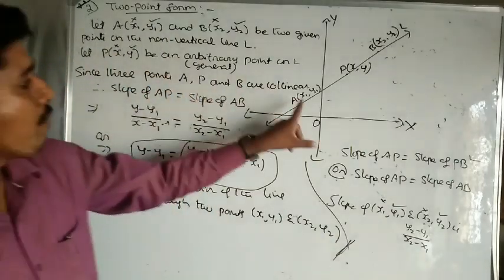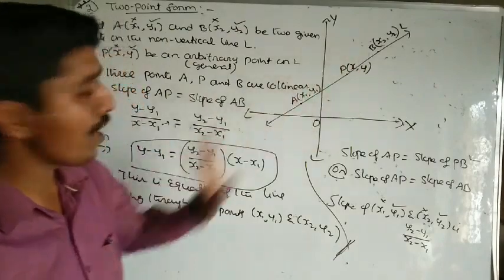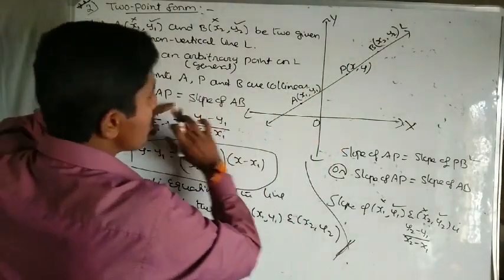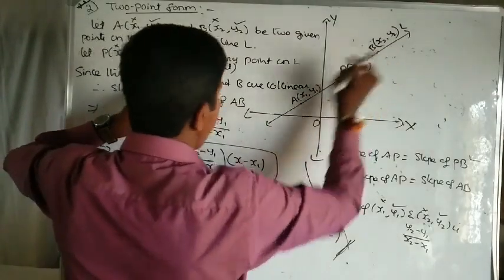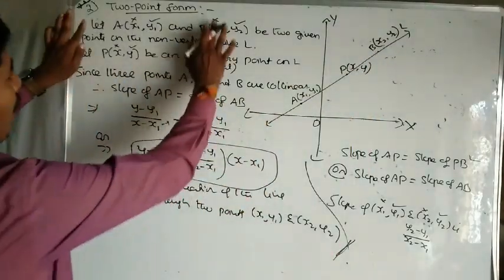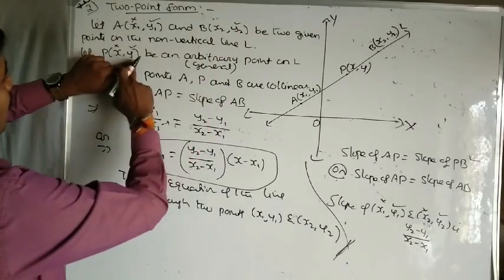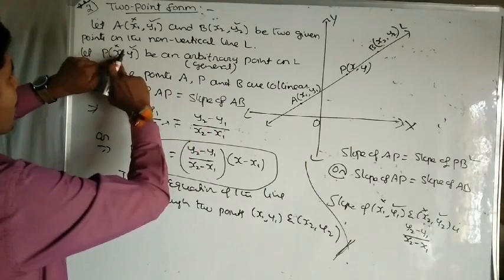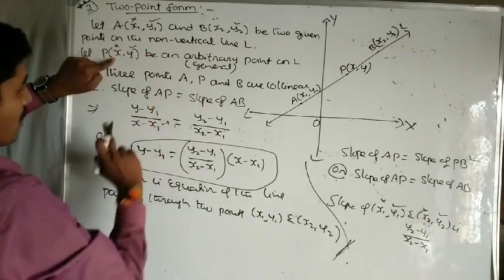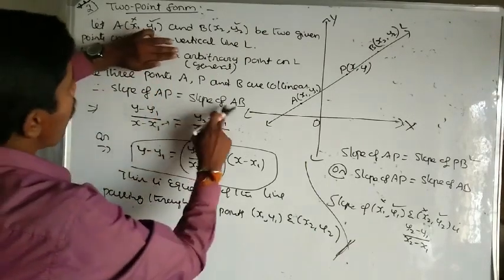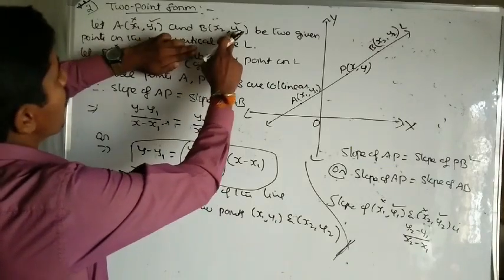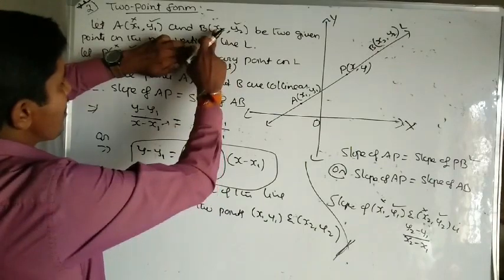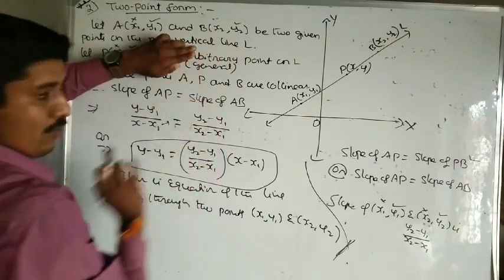Since clearly 3 points A, P and B are collinear, therefore the slope of AP is equal to the slope of AB. Slope of AP, the difference of the y coordinates here, y minus y1, divided by the difference of the x coordinates, x minus x1, is equal to the slope of AB, the difference of the y coordinates, y2 minus y1, divided by the difference of the x coordinates, x2 minus x1.